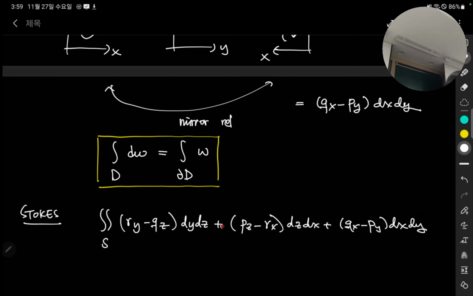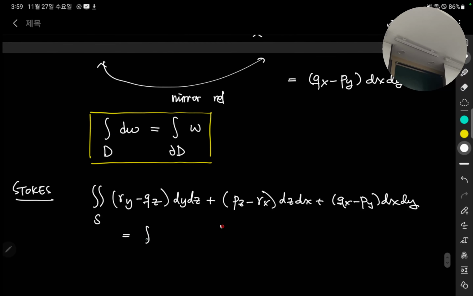That's the surface integration of the curl. And the Stokes theorem says it's the same as the line integration over the boundary of P dx, Q dy, R dz.